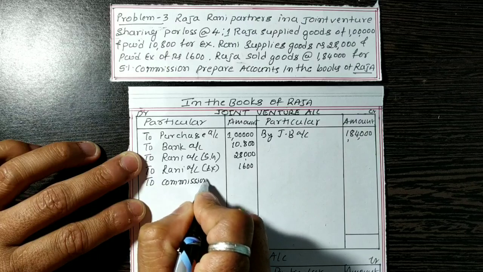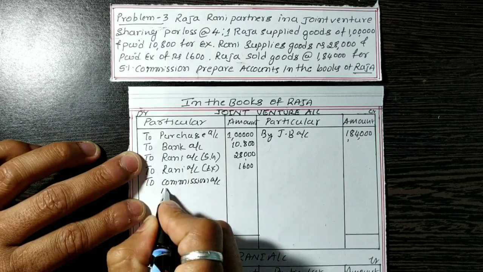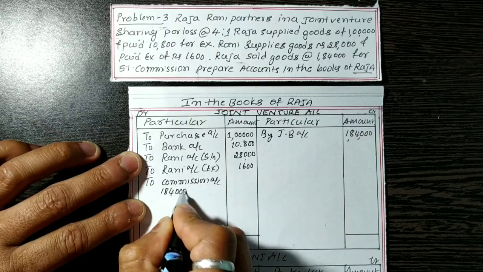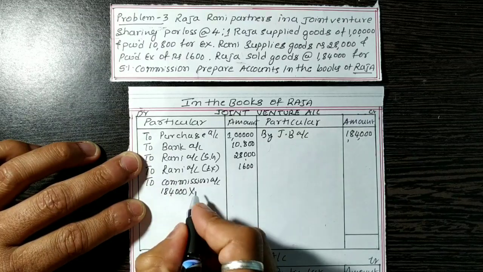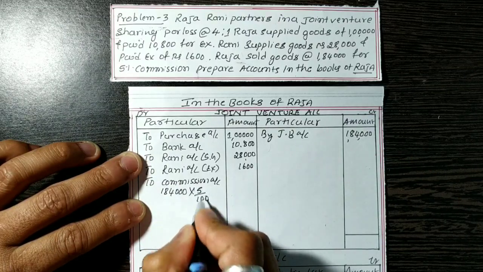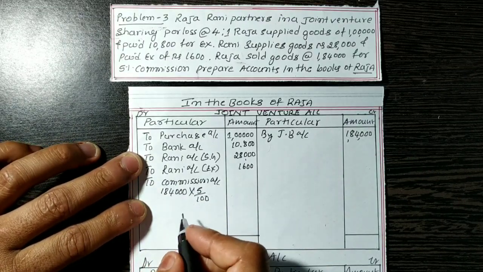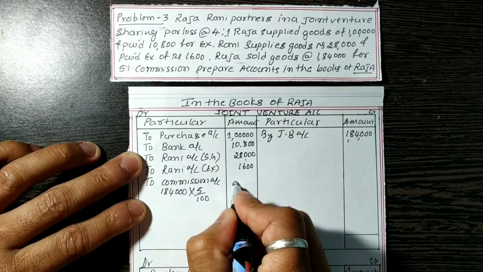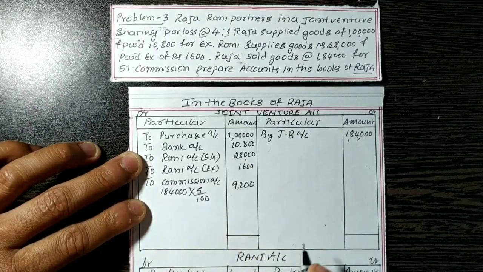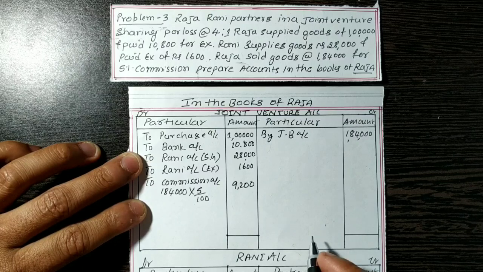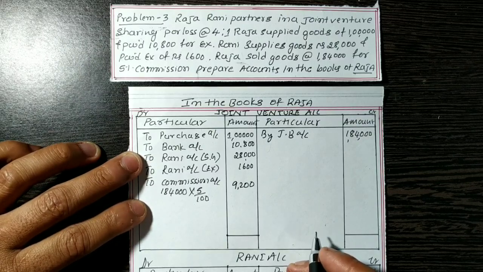Commission is always calculated on sales: 1,84,000 into 5 divided by 100, that is 9,200.